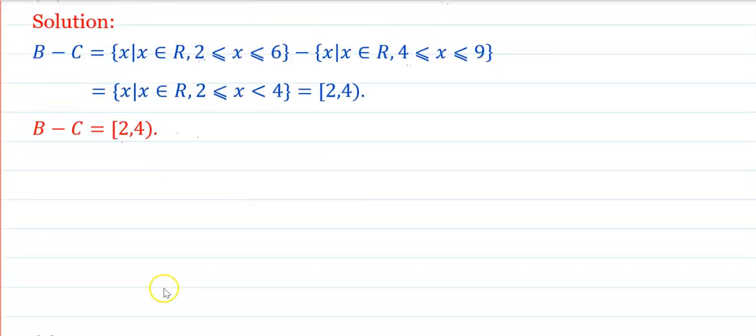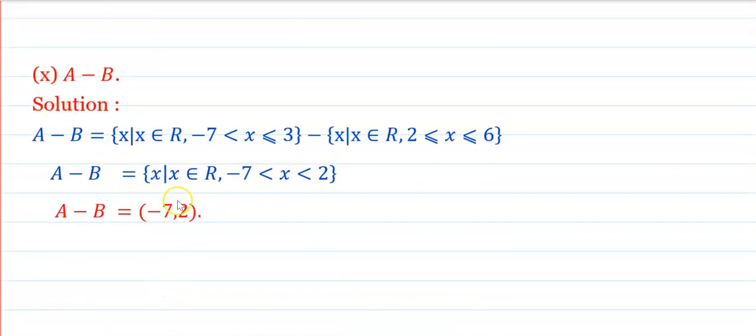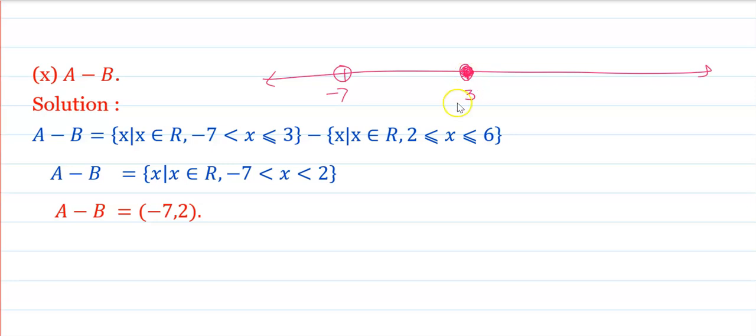Okay, and next is A minus B. Okay, now see this again here. A, what type of here? A is minus 7 to 3. I will take here minus 7 to 3. Minus 7 is open and 3 is closed here. Okay, त्यातनं काय मायनस करणार, B मायनस करणार. 2 to 6. Okay, 2 to 6, and here is a 2 which is included.